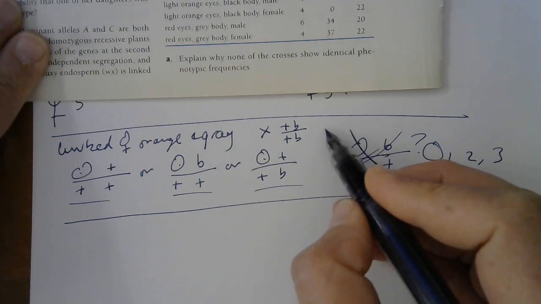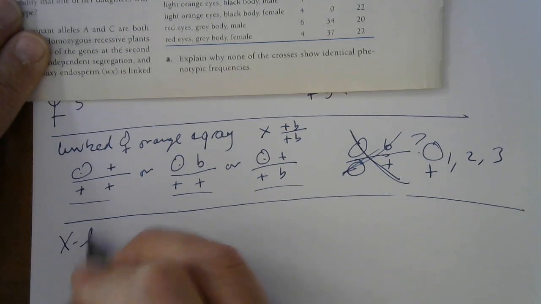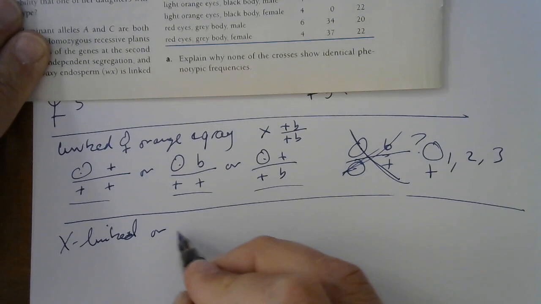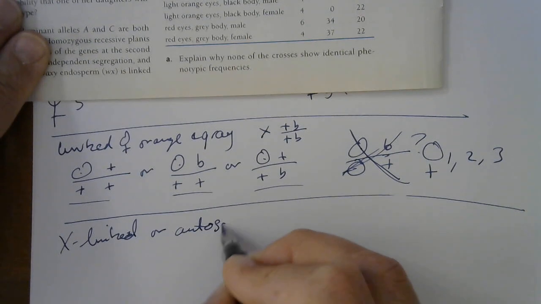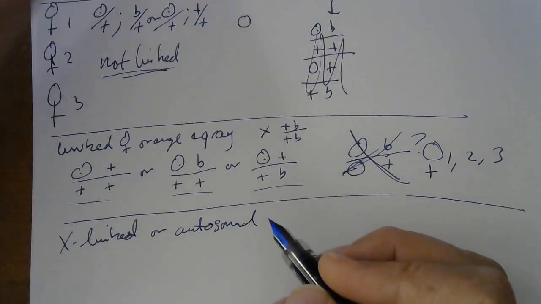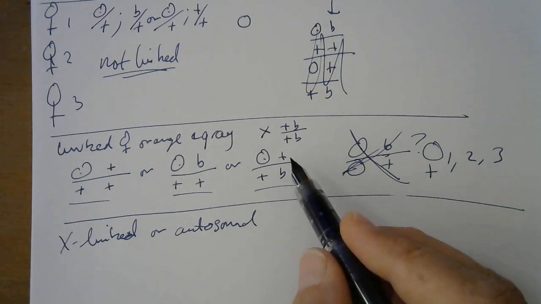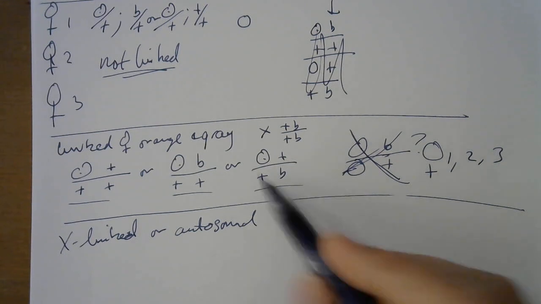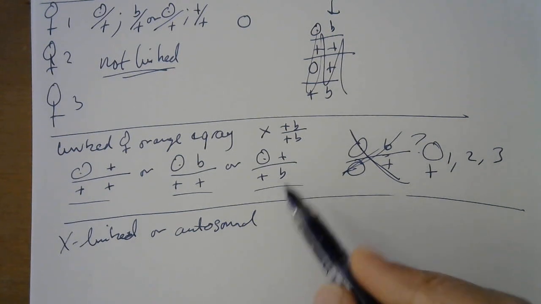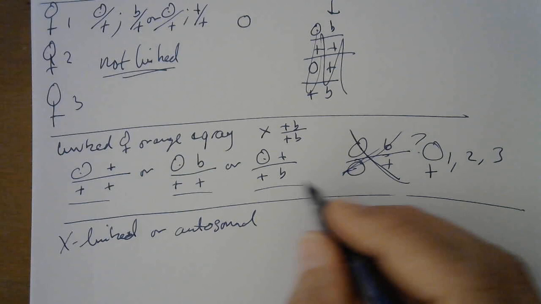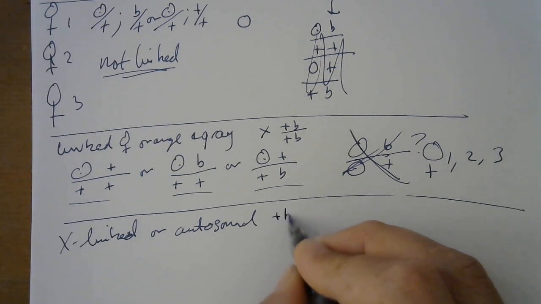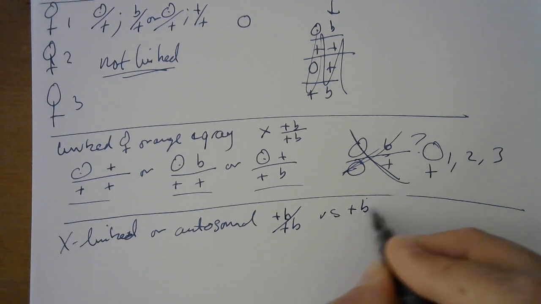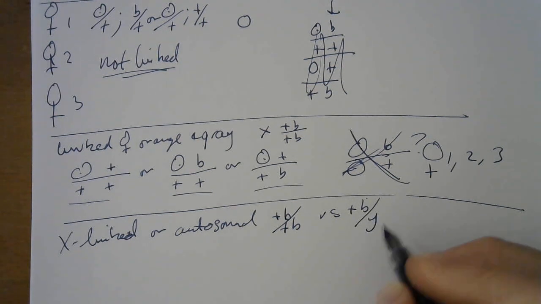Let's imagine this male. So X-linked or autosomal. Well, the interesting thing is that in the male, if it's X-linked, the male is hemizygous. So the obvious question is, can we see a difference between the male being this versus the male being this?